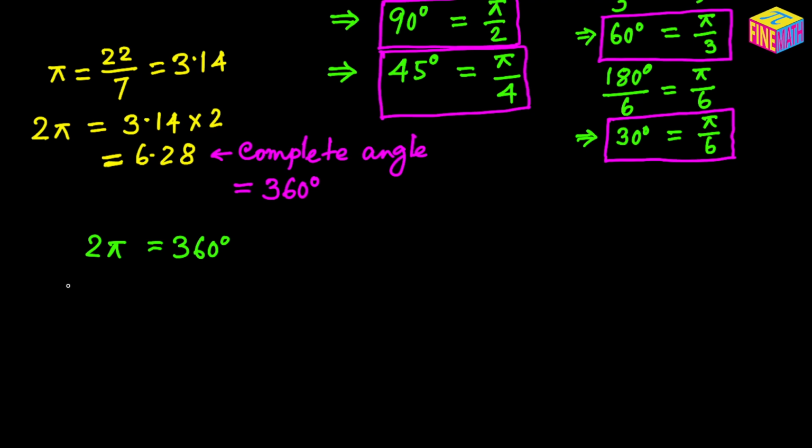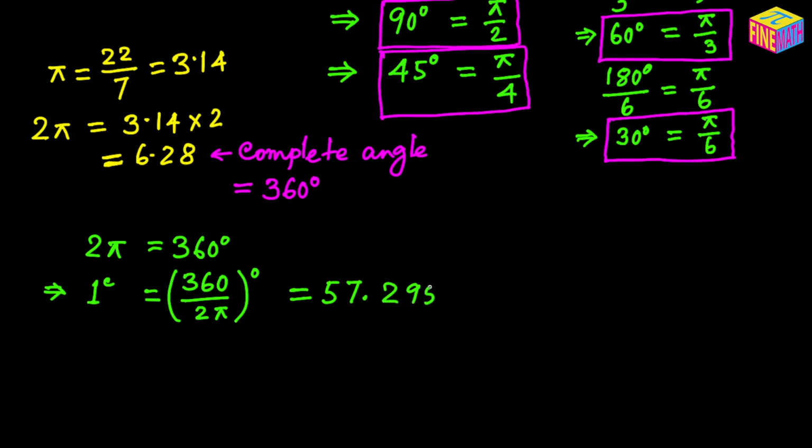So from here we can say, okay, then 1 radian would be... let me now put the radian symbol there, because we are talking about 1, right? So the 1 radian would be 360 divided by 2 pi, whatever degree that would be. And if you use the calculator, you will see that this would come out to be 57.29578 degree, right?